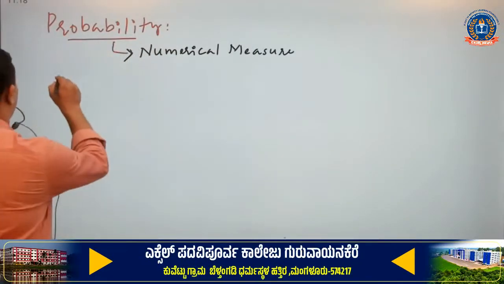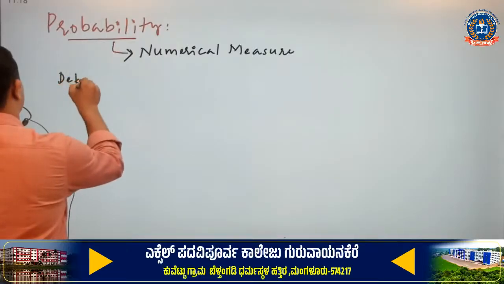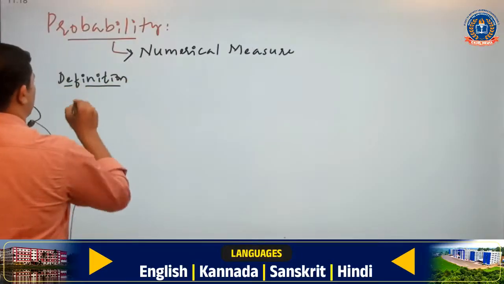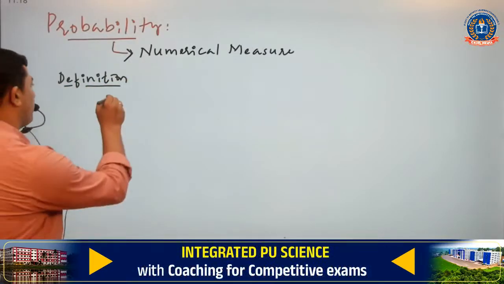The definition of a probability: there is something that we call the probability of an event.